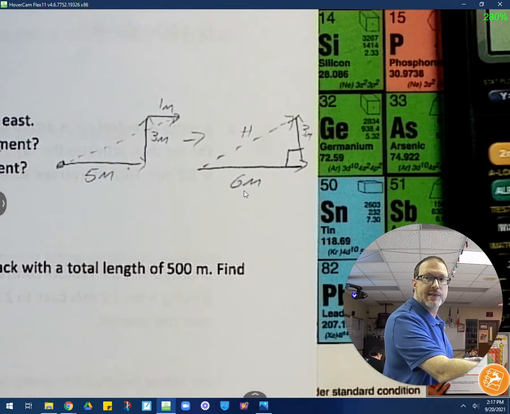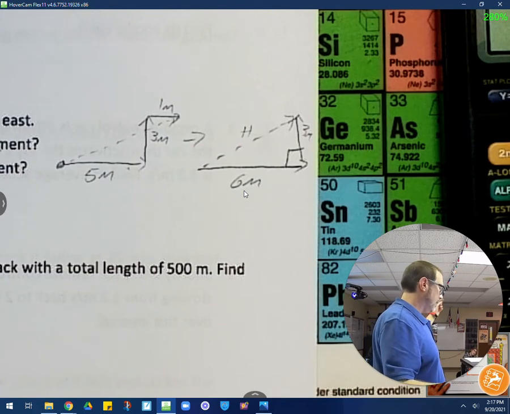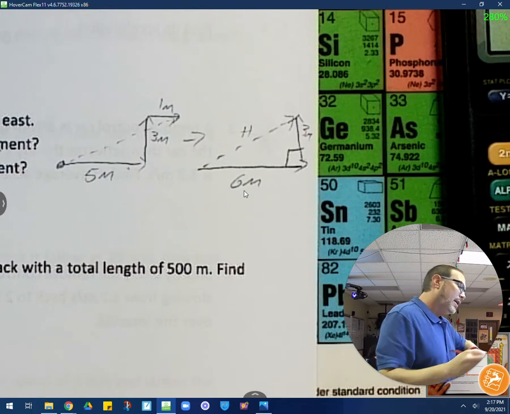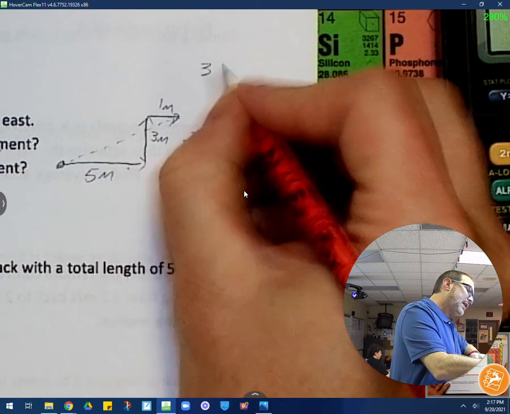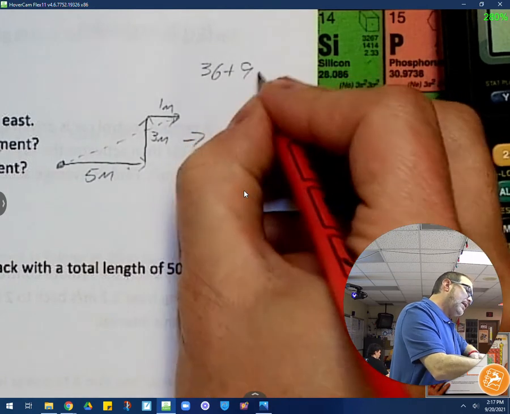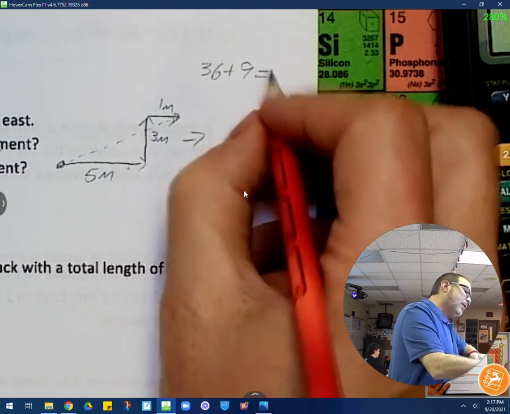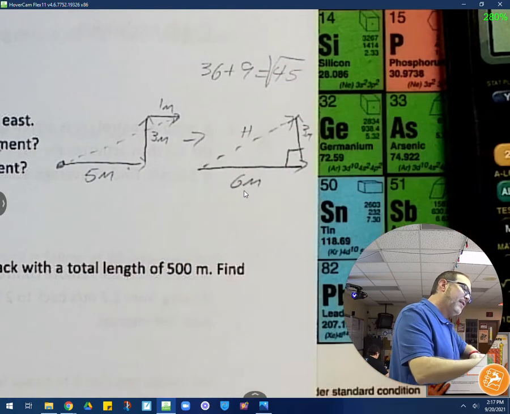What's a really easy way that we can find that? Good deal, Pythagorean theorem. So let's do that. 6 squared, which is 36, plus 3 squared, which is 9. 36 plus 9 is 45. Let me take the square root of 45.